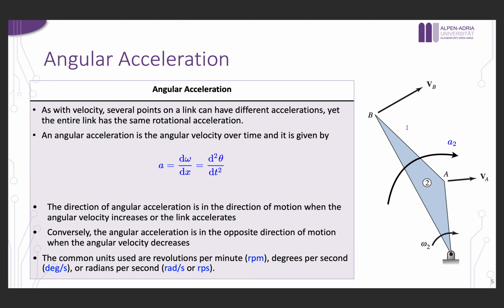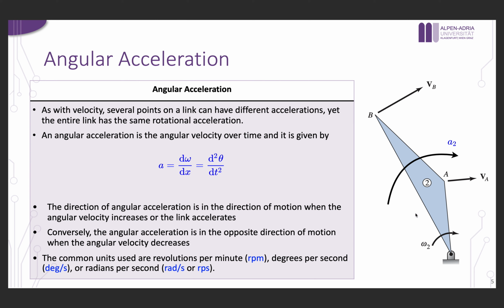So we have seen that we have linear velocity and angular velocity. Here again we have linear acceleration and angular acceleration, and the angular acceleration represents the change of the angular velocity over time. The direction of the angular acceleration is the direction of motion when the angular velocity increases or the link accelerates.